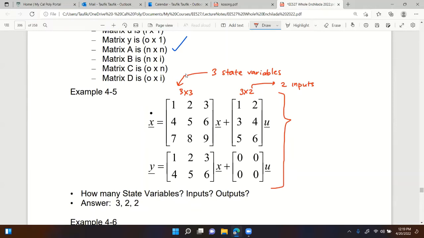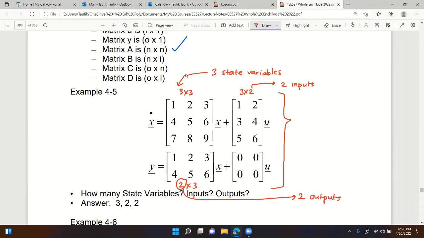And then how many outputs do we have in the system? That could be from matrix C or matrix D. Matrix C would be O by n, so that's 2 by 3. So I know that this 2 refers to the number of outputs, 2 outputs.